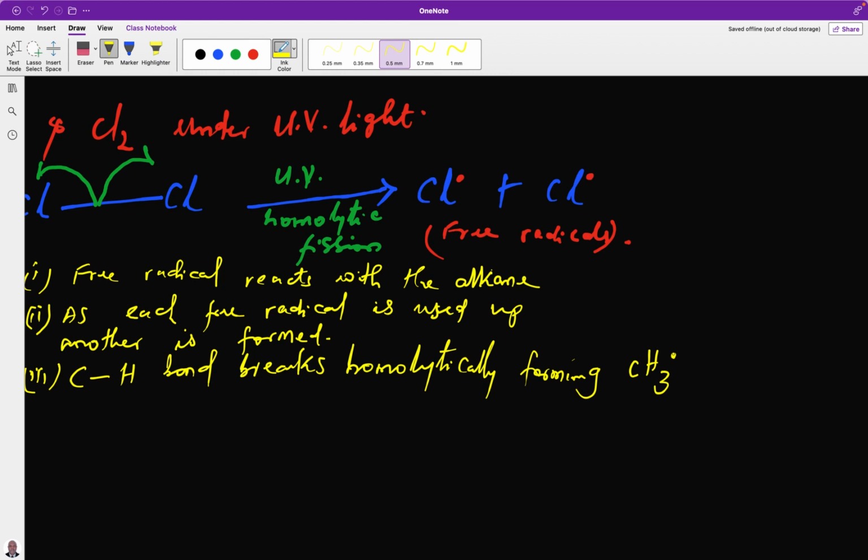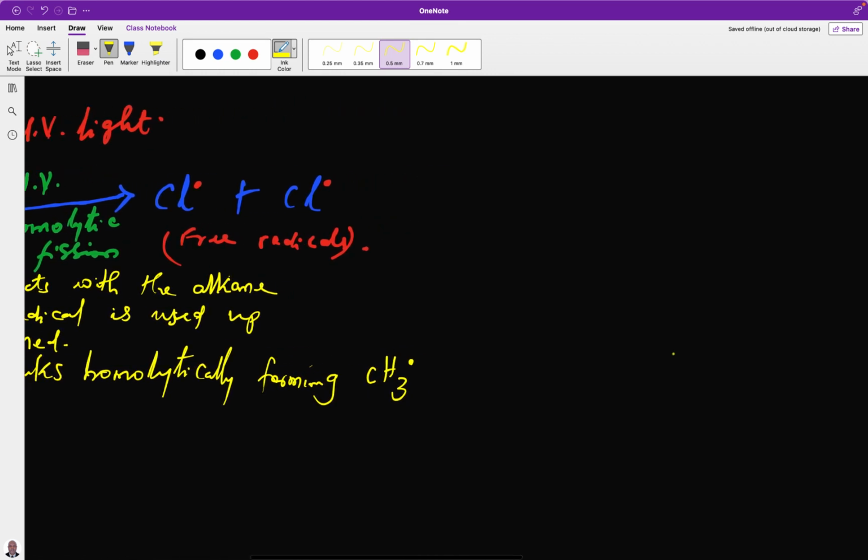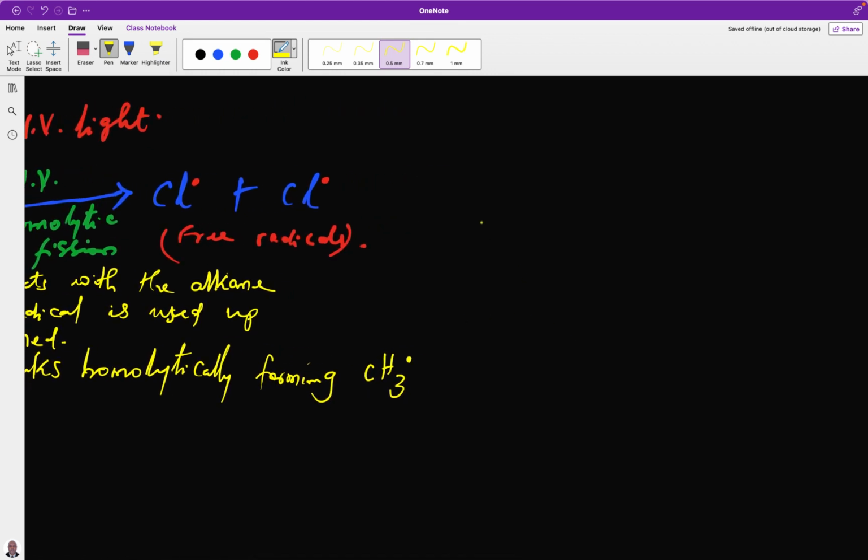So now let's see the stages here. Propagation stage starts here. Under propagation, we are now going to react the methane with the chlorine. We will have CH3, the methane.